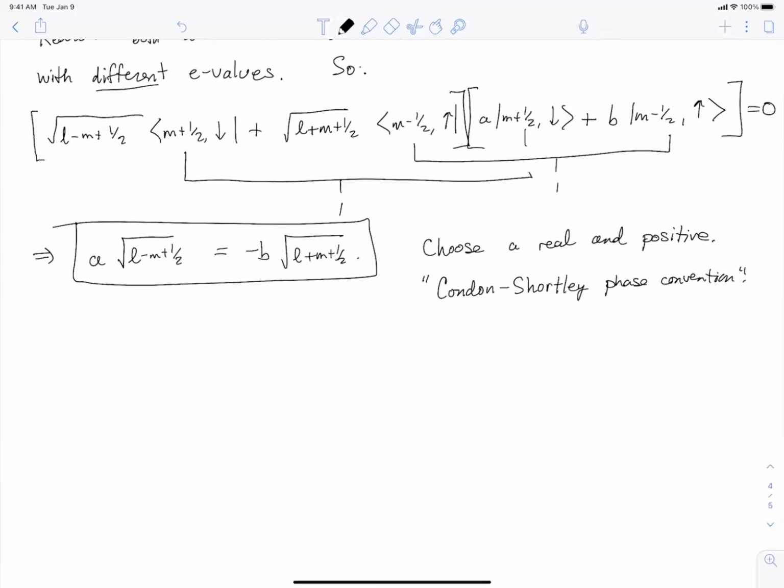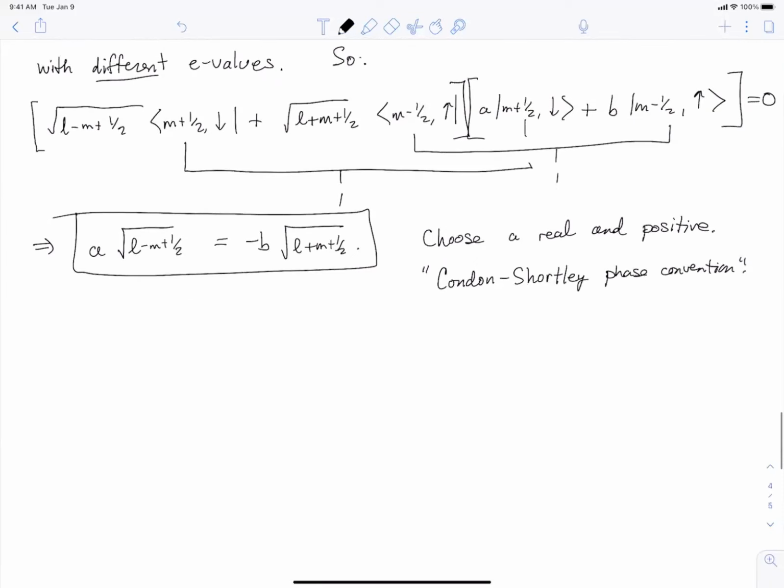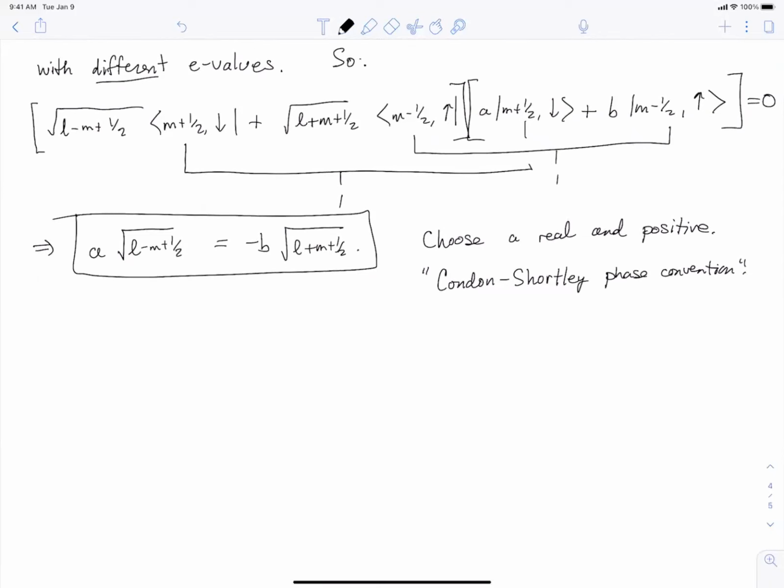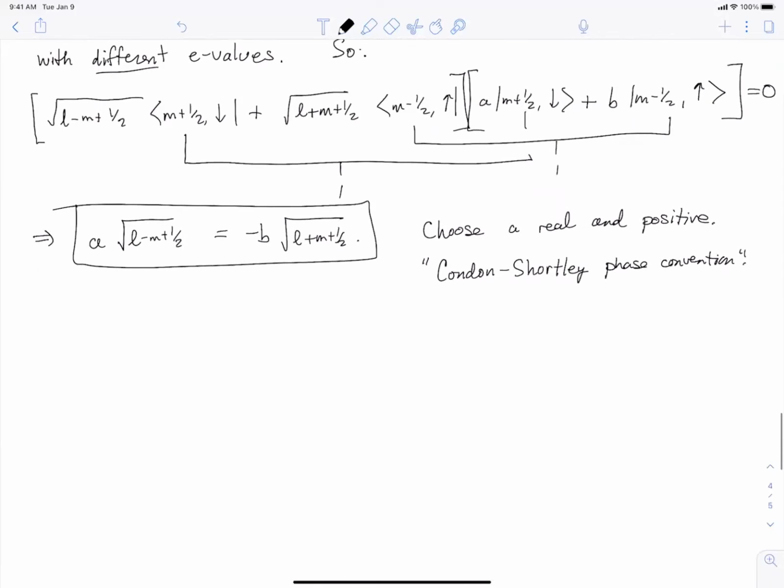So it's really a choice. You could choose A to have any crazy phase you wanted, any crazy complex phase you wanted. Nobody can stop you. But why would you do that if you don't have to? So we choose A to be real and positive. And so in terms of that, with this one equation, we can eliminate B and just write it this way.